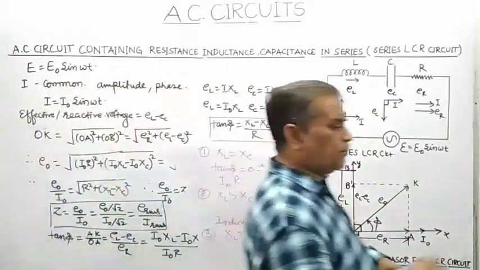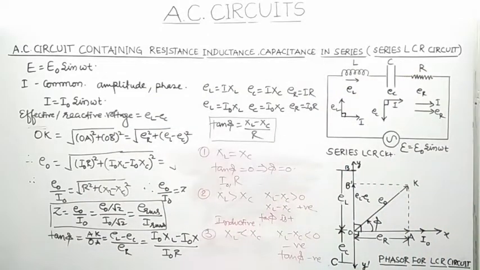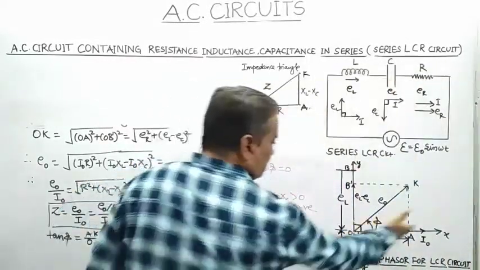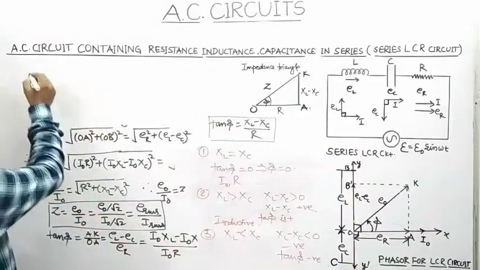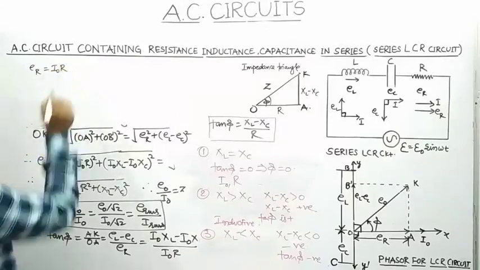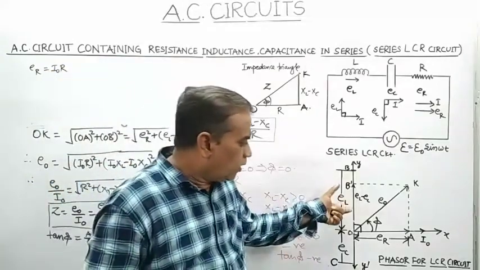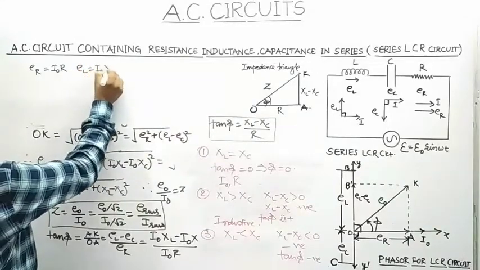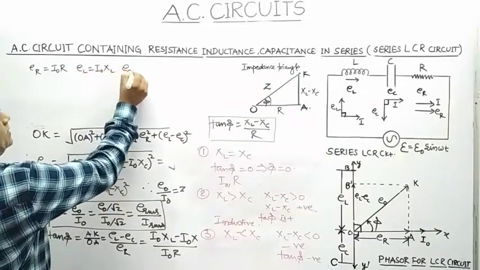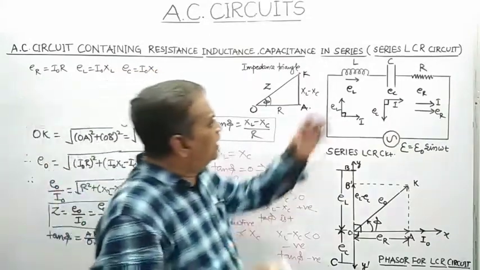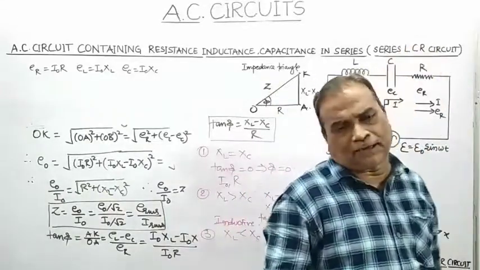Now we will see the most important impedance triangle of a series LCR circuit. See, from the phasor diagram, that is from these three phasors, what can we say? EMF across resistance is given by I0 into R. Voltage across inductor EL is equal to I0 into XL and EC is equal to I0 into XC, because current flowing through L, C and R is the same.